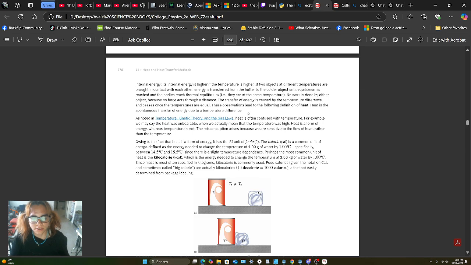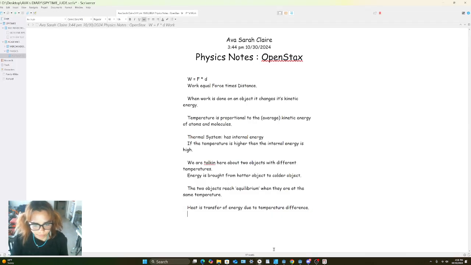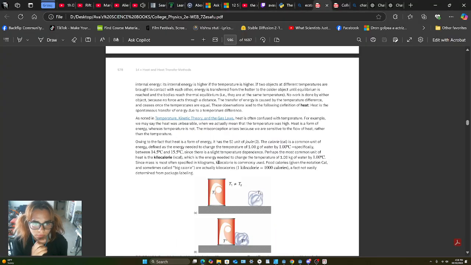So temperature and heat are different things. The misconception arises because we are sensitive to the flow of heat rather than the temperature.